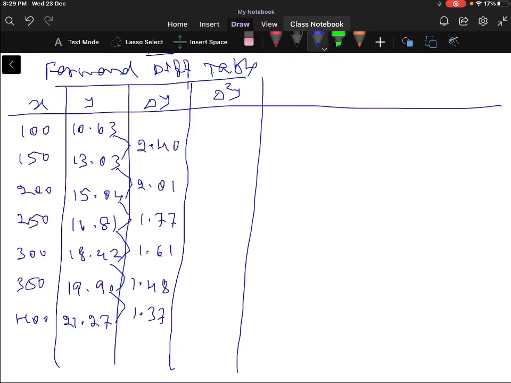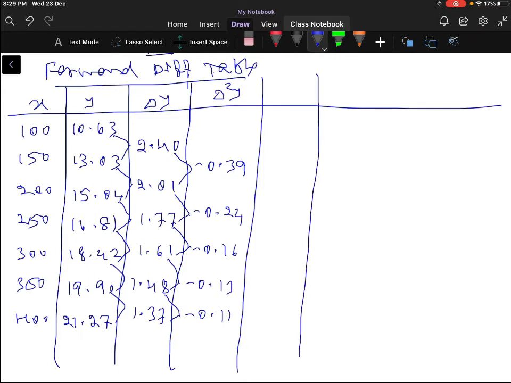Now let us move to second forward differences. 2.01 minus 2.40 is minus 0.39. 1.77 minus 2.01 is minus 0.24. 1.61 minus 1.77 is minus 0.16. 1.48 minus 1.61 is minus 0.13. 1.37 minus 1.48 is minus 0.11.